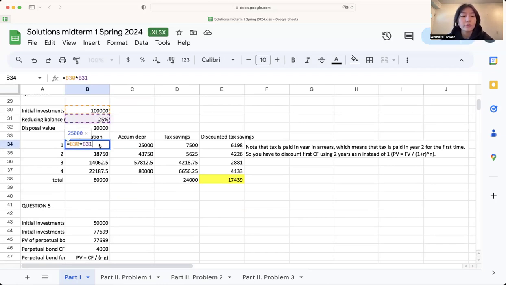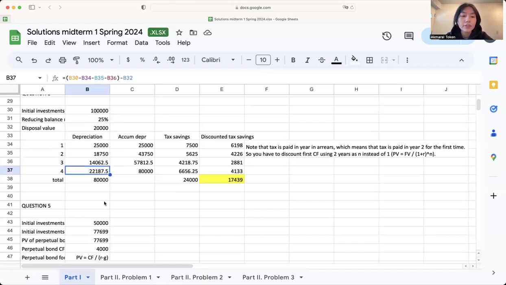So $25,000 for the first year. And next depreciation expense is the initial investments minus first year depreciation expense multiplied by reducing balance rate. And the same for the third year. Basically for each year, we subtract depreciation expenses of the preceding years and then multiply by reducing balance rate.